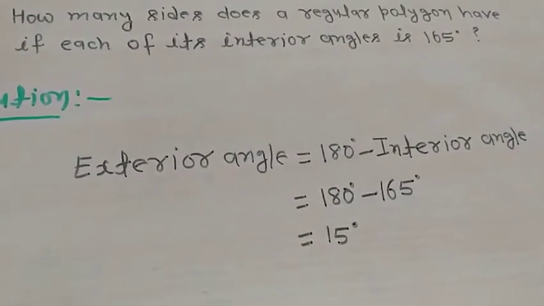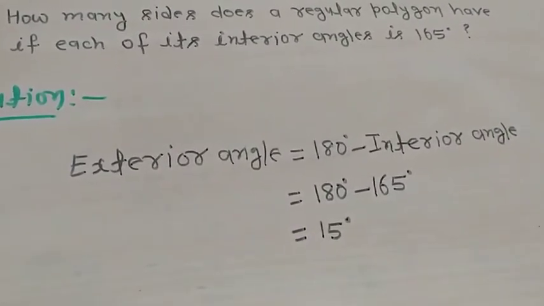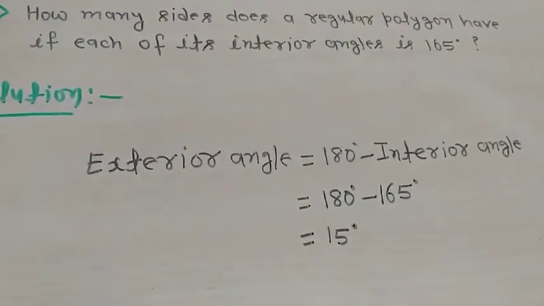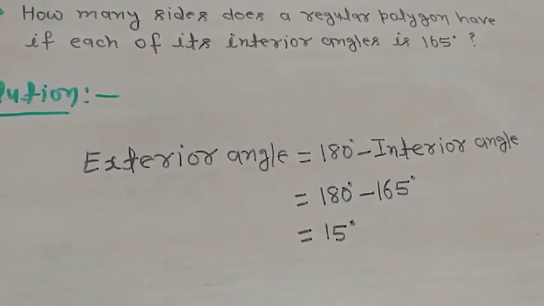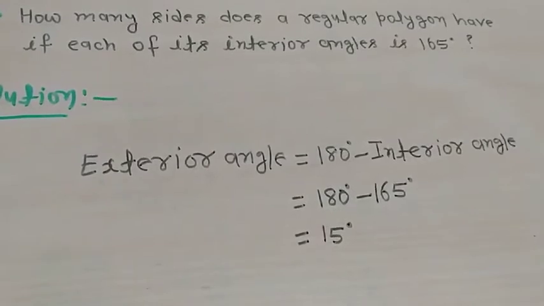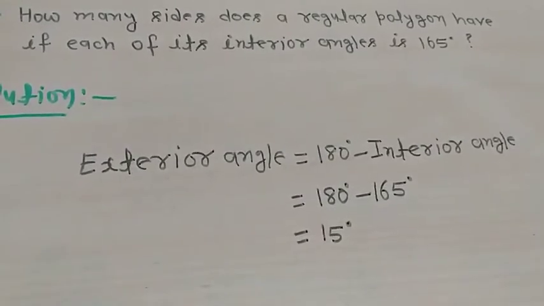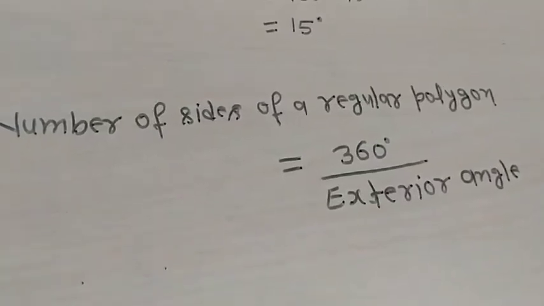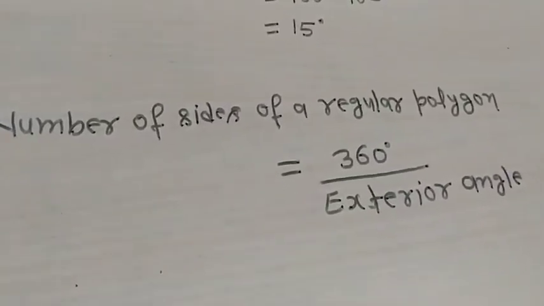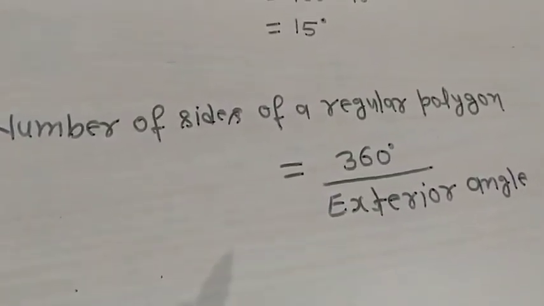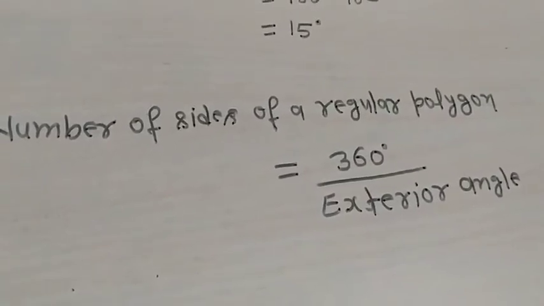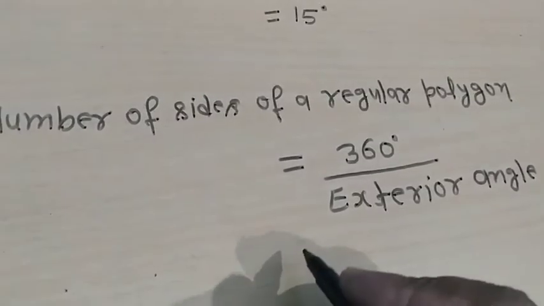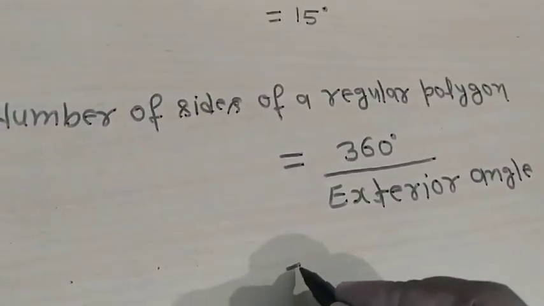Now we find the number of sides of regular polygon. Okay, so number of sides of a regular polygon is equal to 360 degree by exterior angle. So here exterior angle is given, we find the exterior angle.